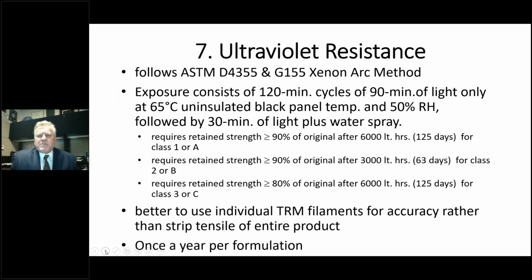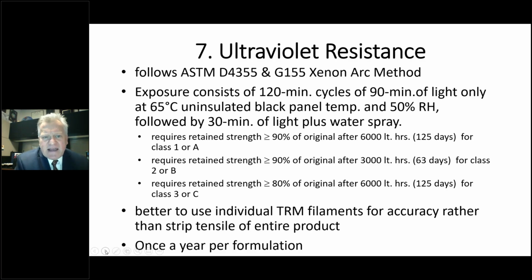An all-important property for durability is the UV resistance of the material. This test method has changed, has morphed in the specification. We originally started out with UV fluorescent, but with the properties that Drew alluded to in regards to color of the material, we changed the specification to xenon arc.